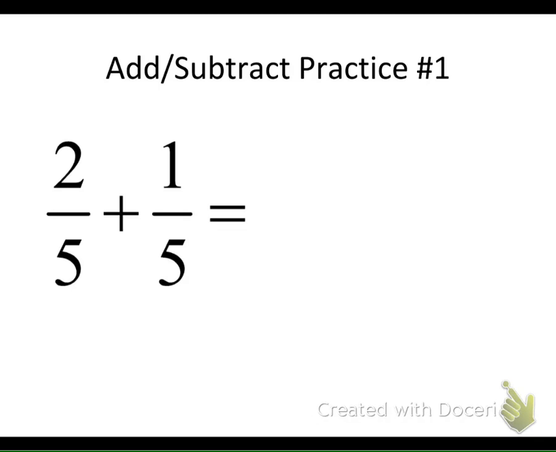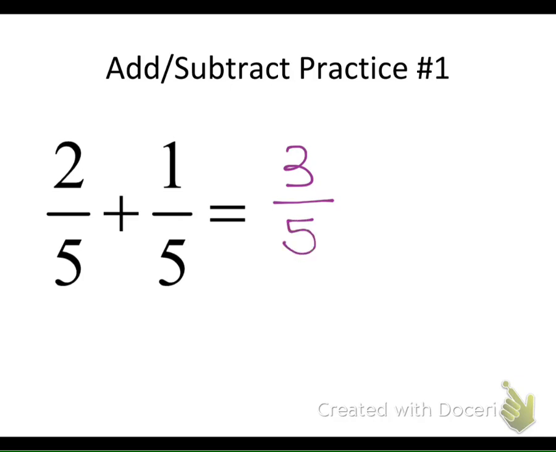Add or subtract the numerators based on whatever the sign is. So if I'm going to add, because my operation is add, I'm going to take 2 plus 1, which is 3. Step 3 says to leave my denominator the same. So what's my denominator? 5.